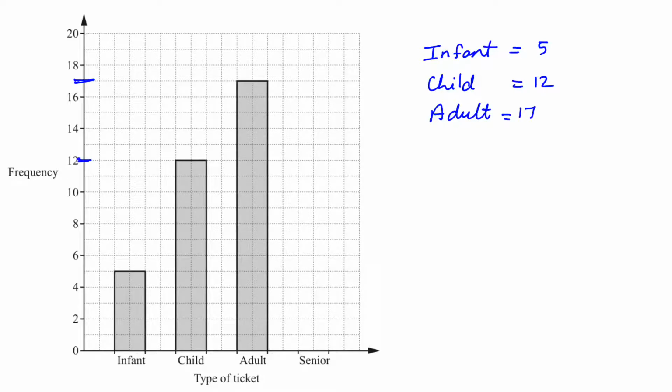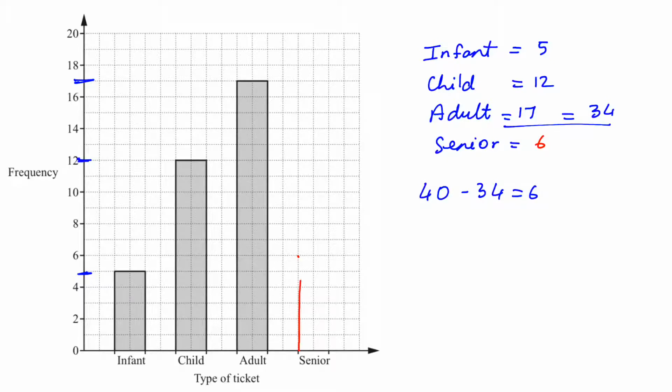To find the senior, we will add all of these together. When we add all of them together, we will get 34. The total number of people was 40. So 40 minus 34, 6. So seniors are 6. So we have completed the bar chart.